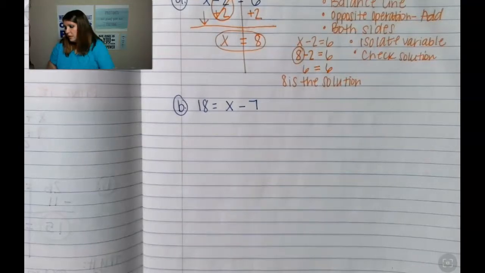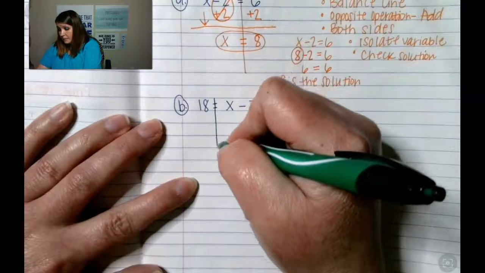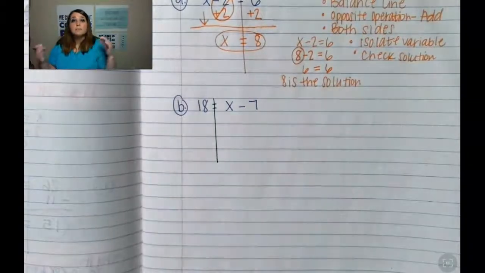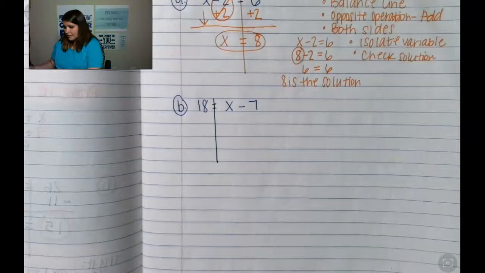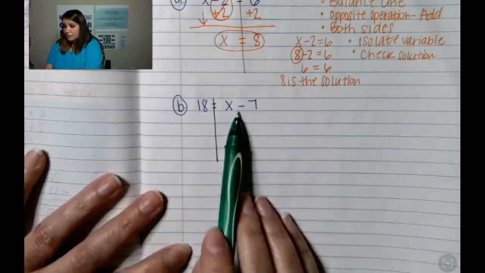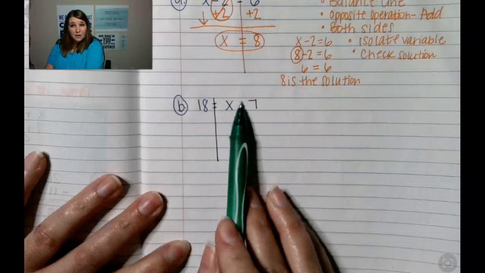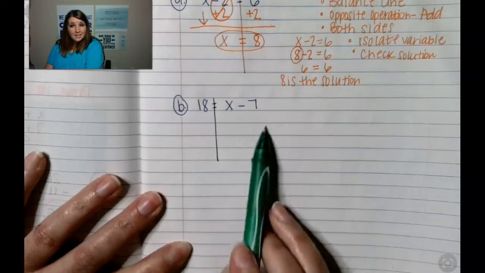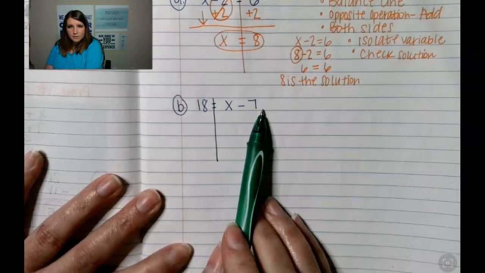Again, balance line. We need balance in our lives. Okay, I have my balance line. I am originally starting with subtraction. I need to have nothing on this side so that I can isolate my variable.